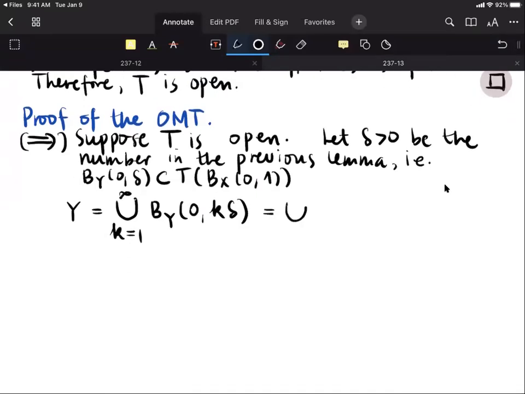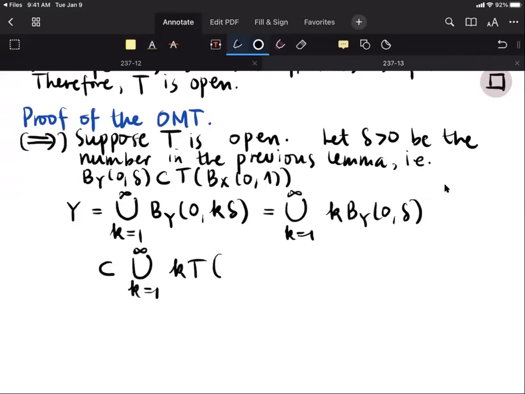Okay, so this is the same as the union of these scaled open balls. And this is a subset of the union.